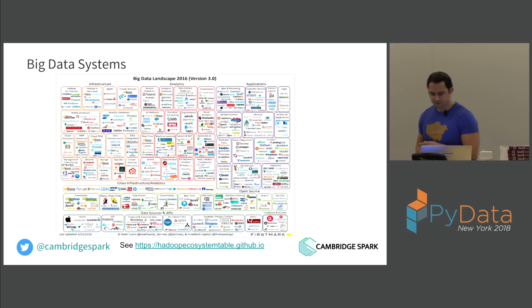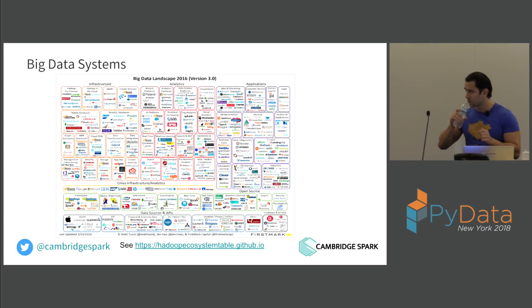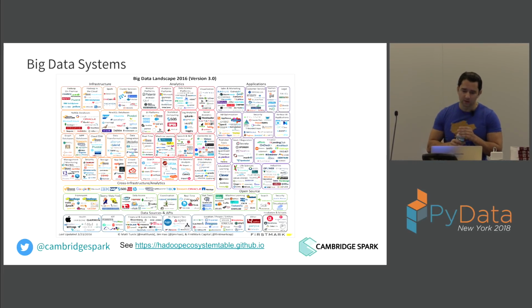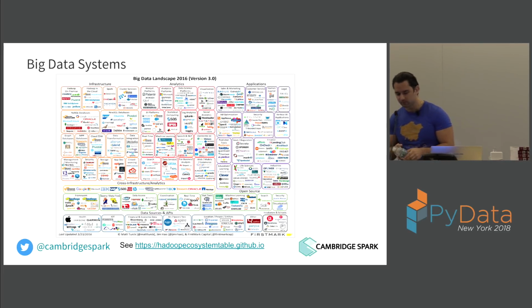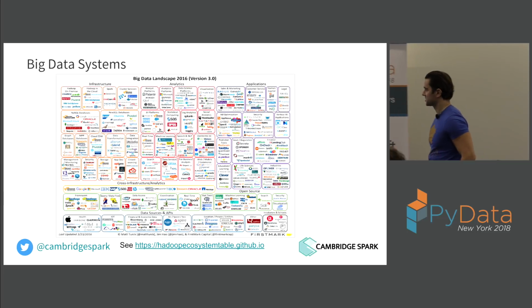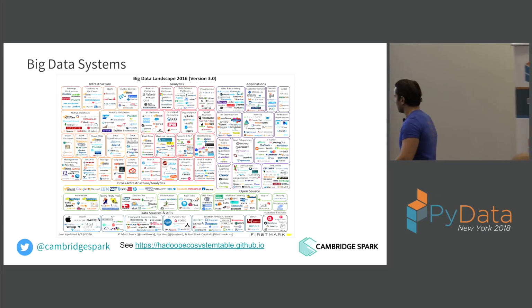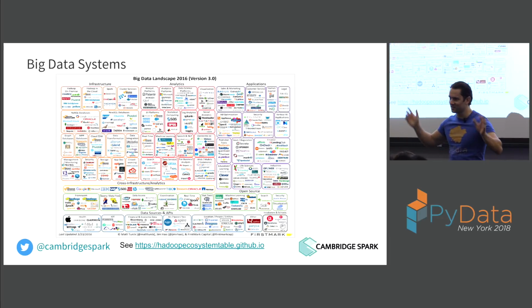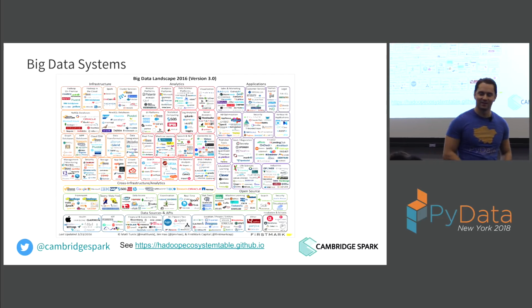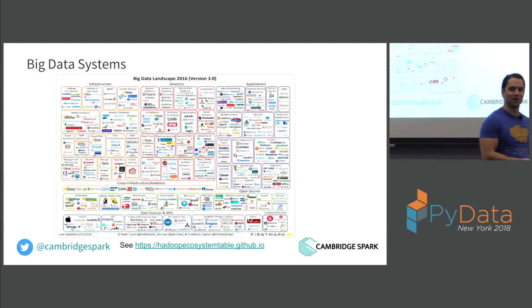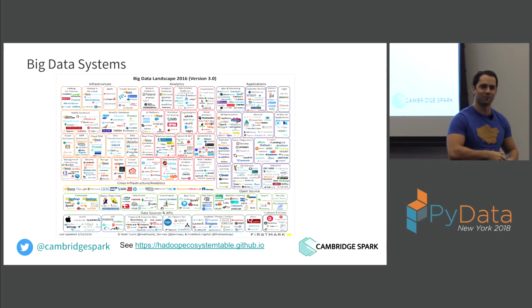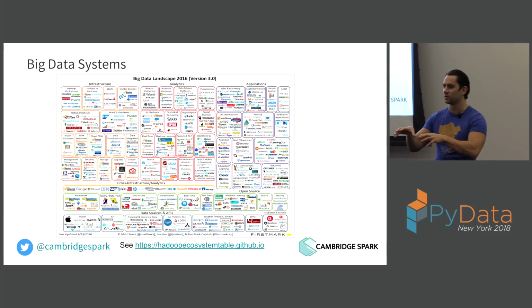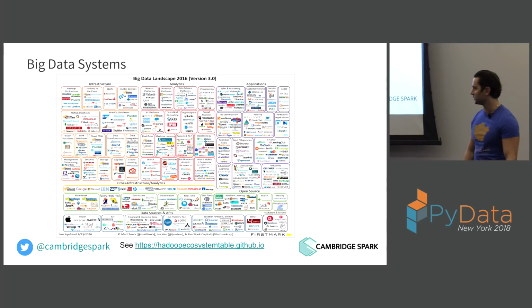Now, I've got good and bad news. The bad news is, if you look at this scary table, each little logo is one new technology, one new database, one new thing that allows you to solve a specific problem dealing with velocity, volume, variety, maybe all three together or just one of them, for different domains.